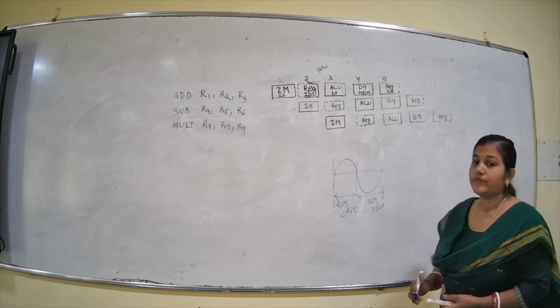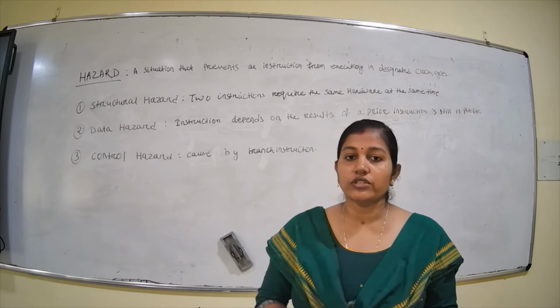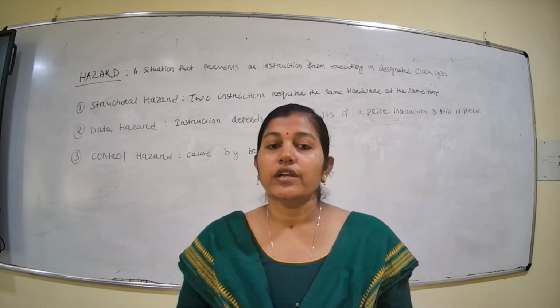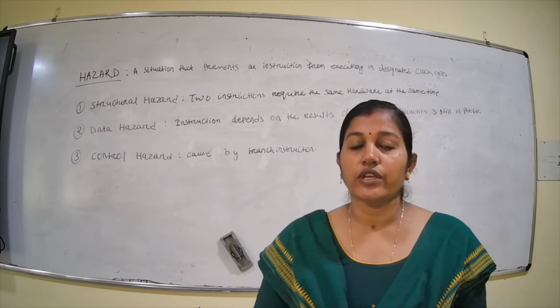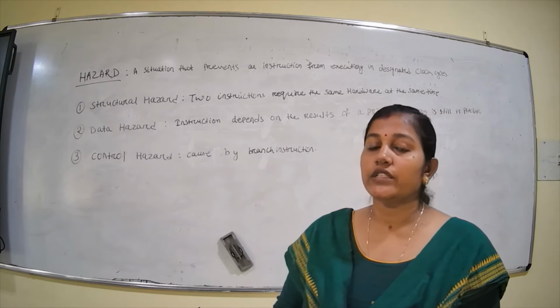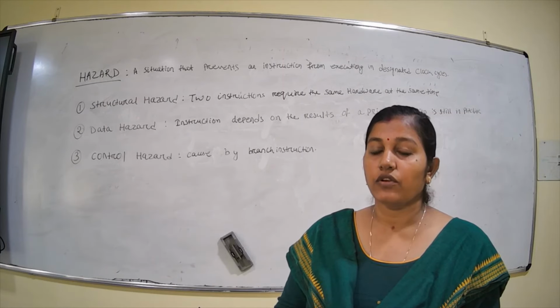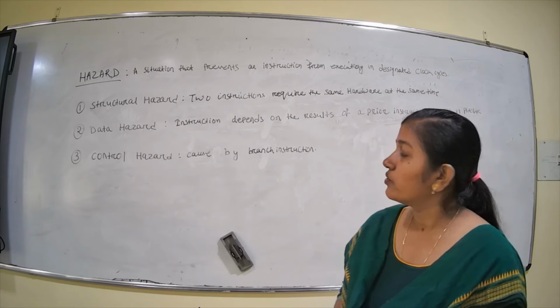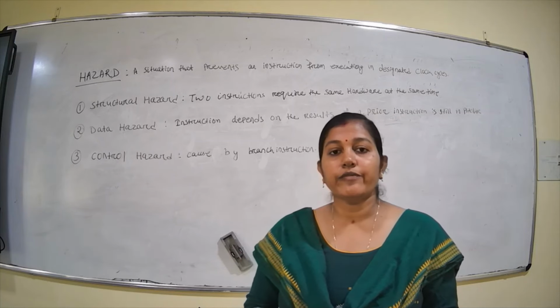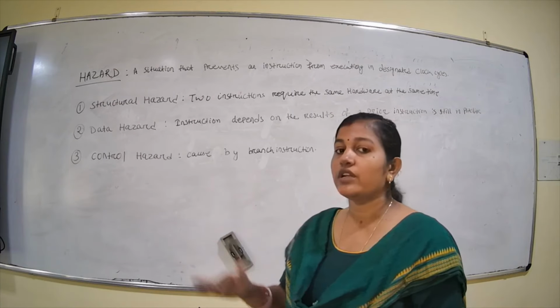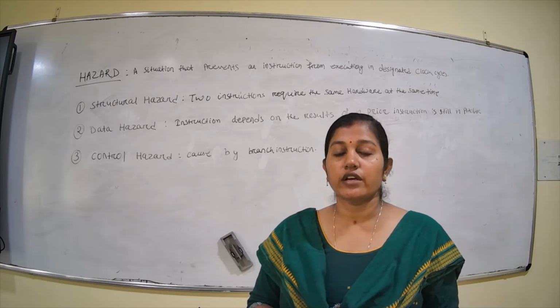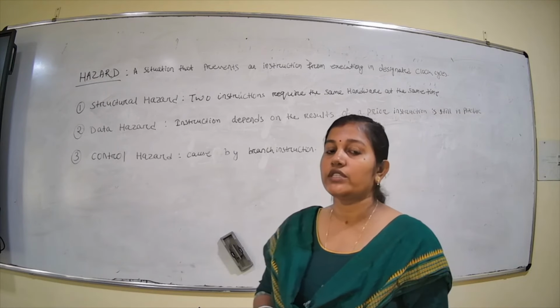So hazard is a situation which prevents an instruction from executing in its designated clock cycle. There are three types of hazard. First is the structural hazard, second is the data hazard, third is the control hazard.